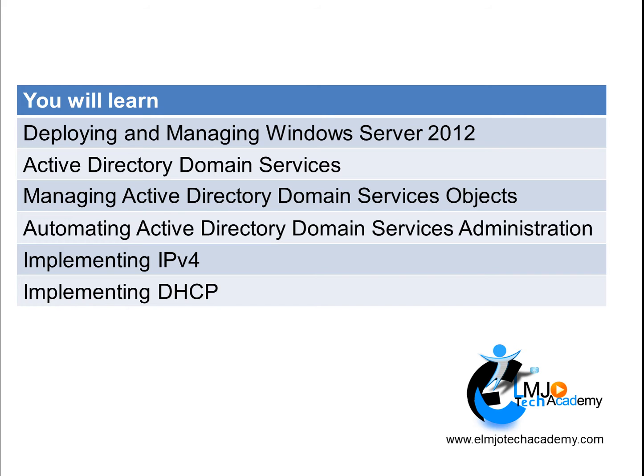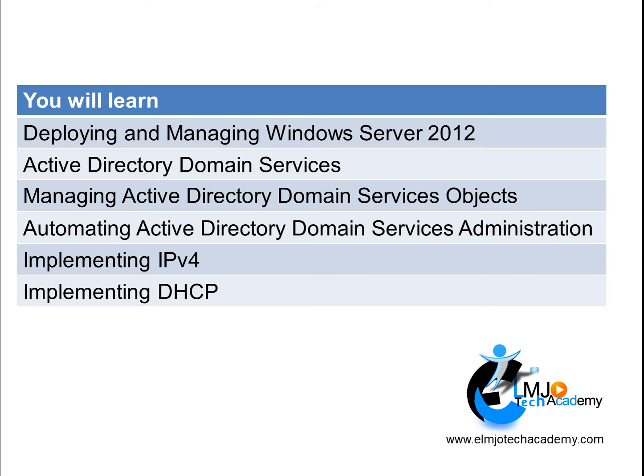Can you do that manually? You cannot do that manually. So automating Active Directory Domain Services is another part: how can you automate it so that the tasks you do are faster.